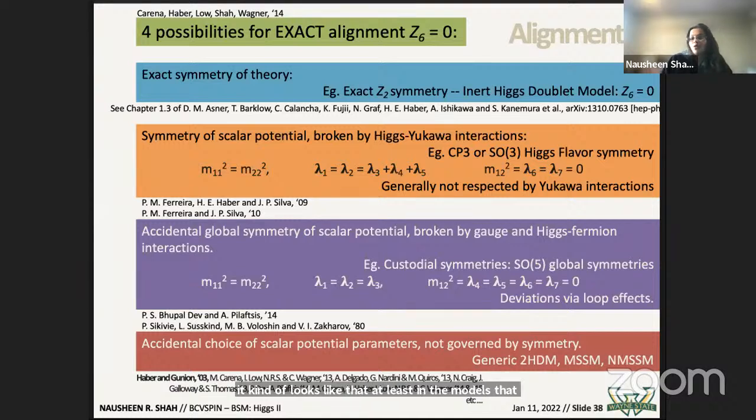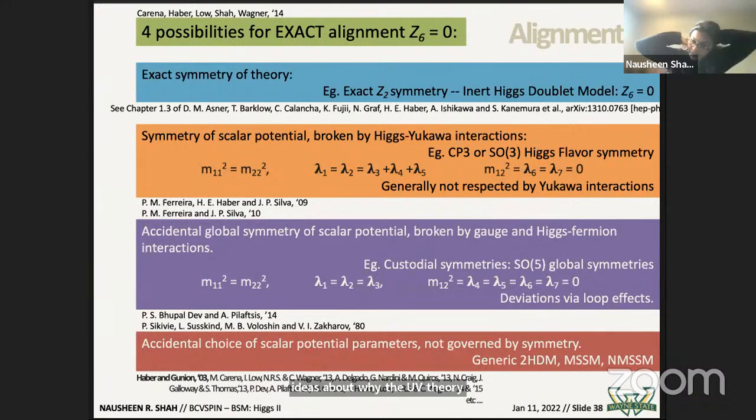Okay, so this is what would happen in your generic 2HDM. We just say, oh, the Z6 is just super small. But also in SUSY theories, like the MSSM or the NMSSM, things just seem to work out like that. So at this point we don't really have any super great ideas about why the UV theory would want alignment to be happening.